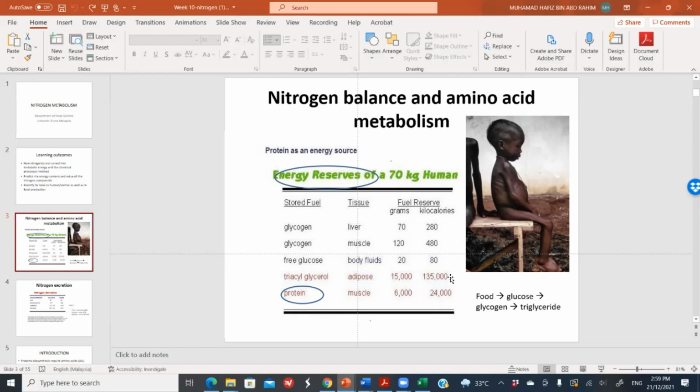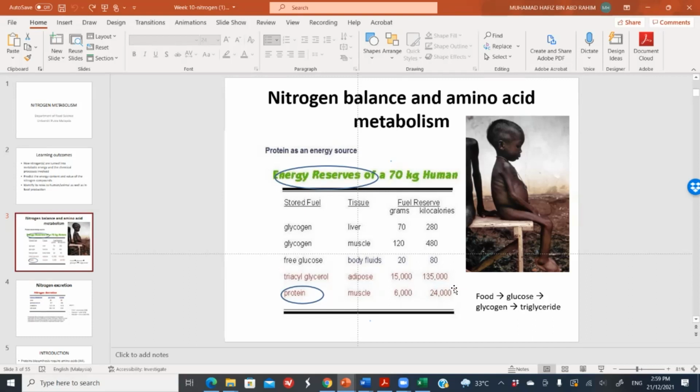If you divide 135,000 by 15, you will get about 8 to 9 kilocalories per gram. So maksudnya fat dia menghasilkan lebih banyak tenaga daripada glucose. Okay, that one we also learn in the fat metabolism last week lah. Fat will always produce more energy than glucose.